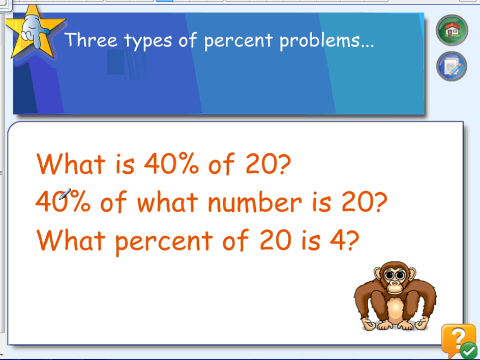In this one, we have 40% of what number is 20? In this case, we're trying to find the whole, and we know the part.